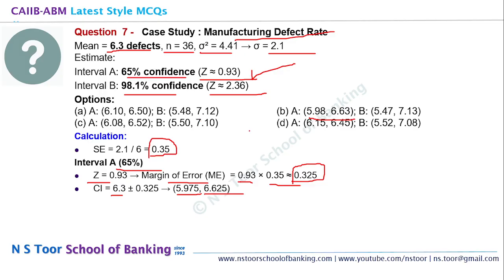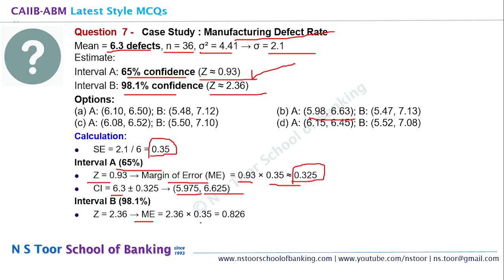Now we are coming to the next confidence level, that is 98.1%, where the value of Z is 2.36. Here I will calculate the margin of error. 2.36 is my Z at confidence level of 98.1%.